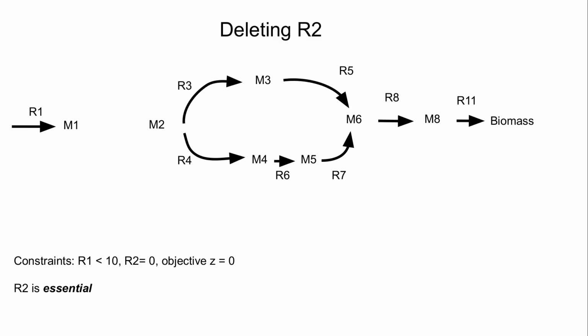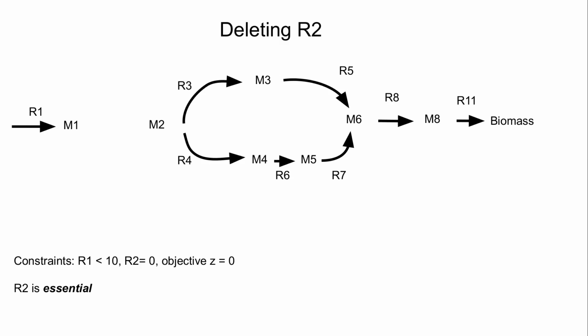And what we see here is that now that this link is severed, we can't really produce any M2, and that of course means that neither R3 nor R4 can carry flux because we make no M2 to feed into these reactions, and that problem replicates downstream until we get here where we still can't produce anything, and of course then we can't produce any biomass.